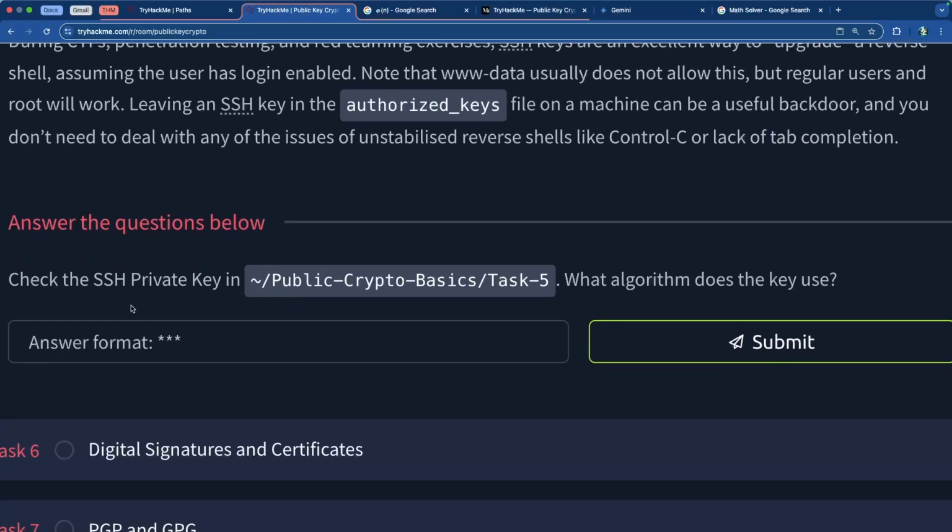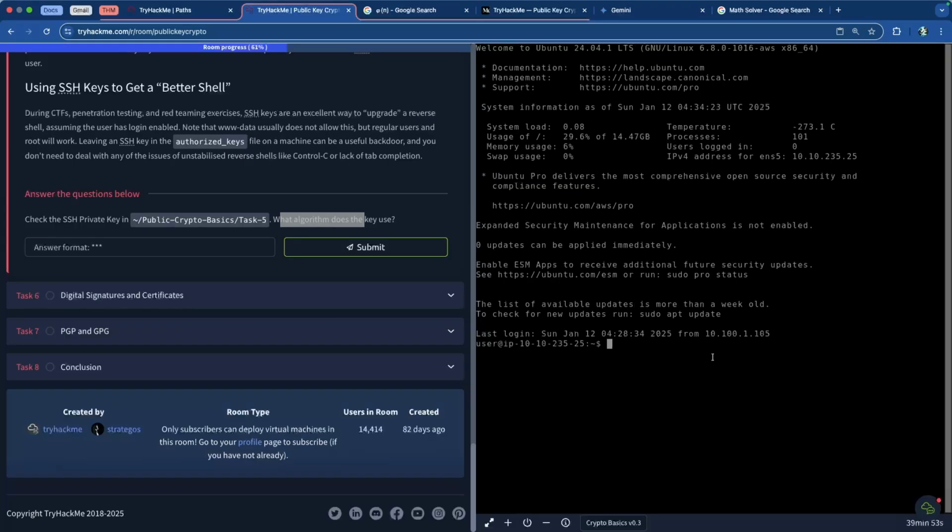So now we're going to check our private key in this particular machine. Check the private key in the public crypto basics task 5. What algorithm does the key use? In order to do that, I'm first going to just run ls at this location, and it says that I have public crypto basics.